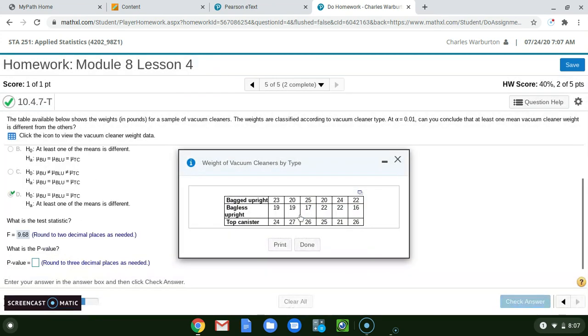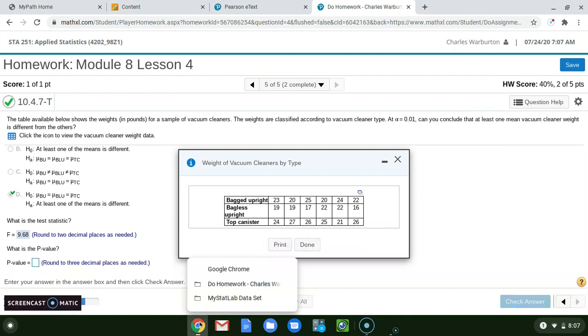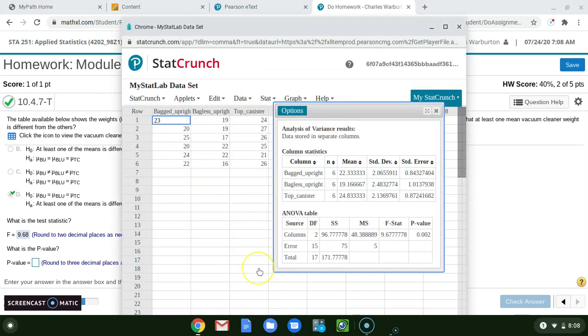And then they're going to ask you for the p-value. The p-value is the probability that you will observe a sample like this if the null hypothesis is true. Remember, the null hypothesis is that they're equal. So if the weights of all of these vacuum cleaners are equal, what's the probability that you're going to see data like this? That's what the p-value is about to show us.